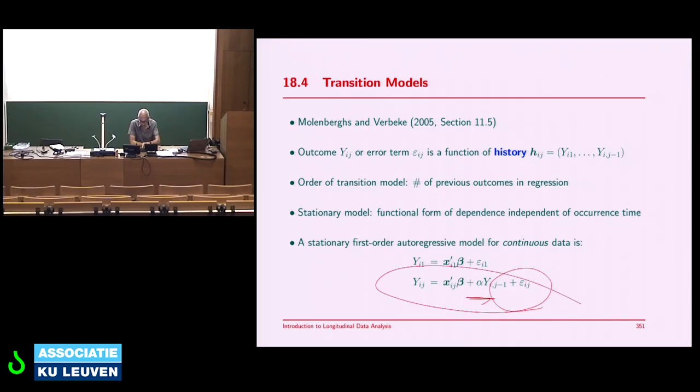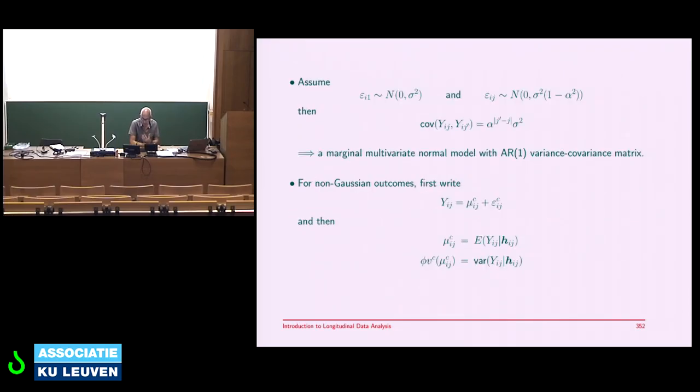The additional alpha here has a variance reducing impact, so that from this formulation you derive that the covariance between two measurements at different times but from the same subject are nothing but a certain power of alpha times the variance sigma square. And that's what we call the AR1 variance covariance structure.